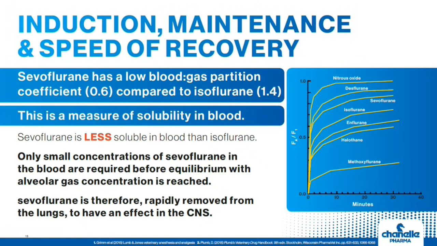This means that sevoflurane is less soluble in blood than isoflurane. So only small concentrations of sevoflurane in the blood are required before equilibrium with the alveolar gas concentration is reached. Sevoflurane is therefore rapidly removed from the lungs and is then able to have its effect in the central nervous system.